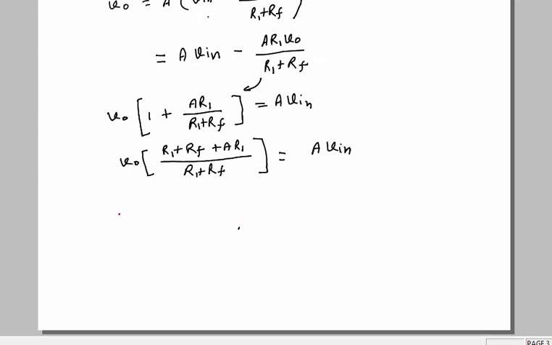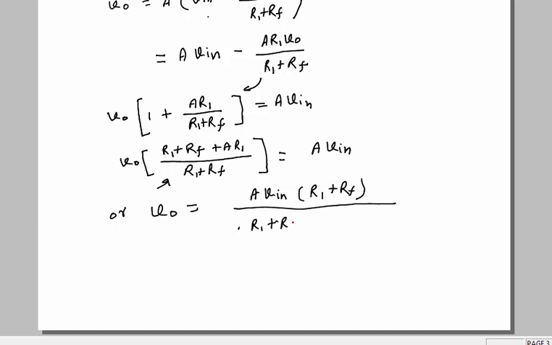Taking the rest of the term to the right hand side, we get V naught equals A V in multiplied by (R1 plus RF) divided by (R1 plus RF plus A R1).